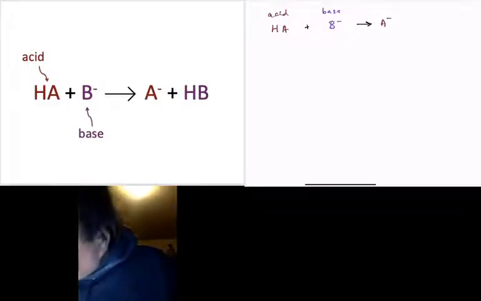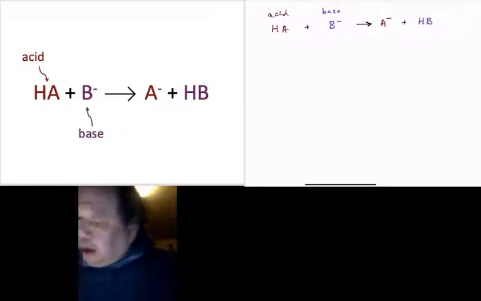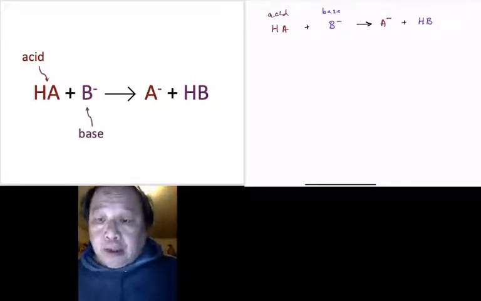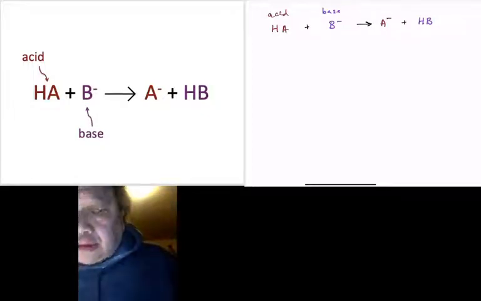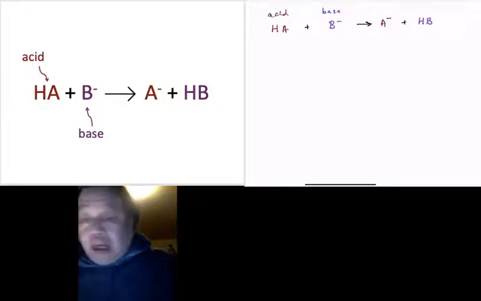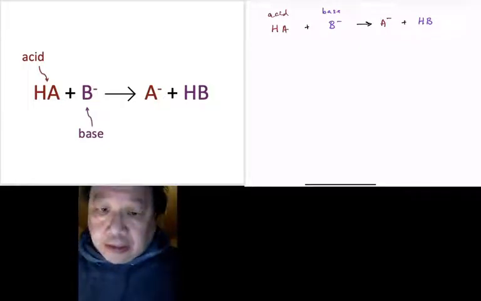The base will gain the proton to become HB. And the A minus is no longer an acid. It's lost its H plus. And the HB now is an acid because it has an H plus.